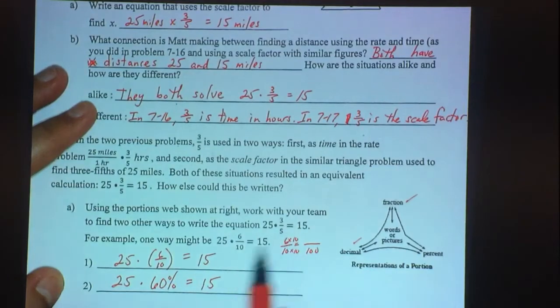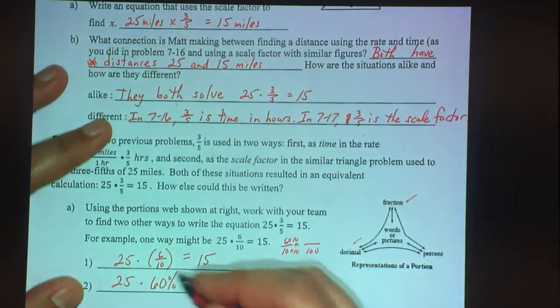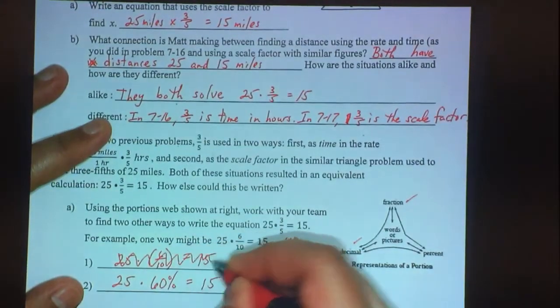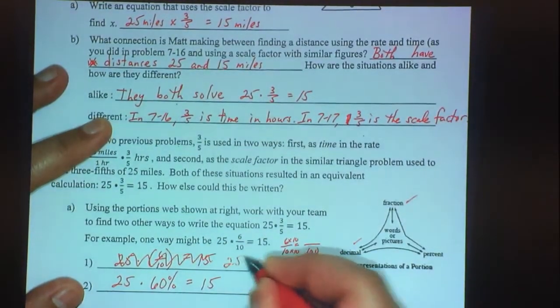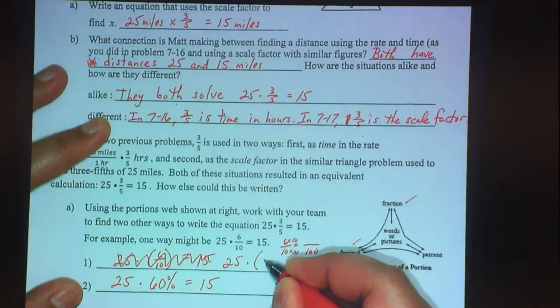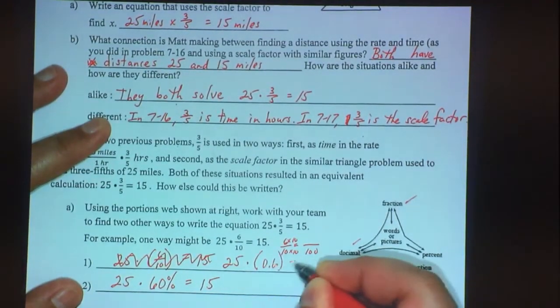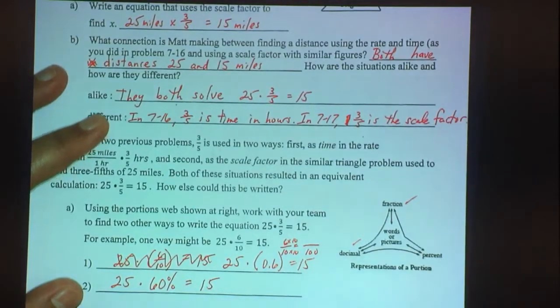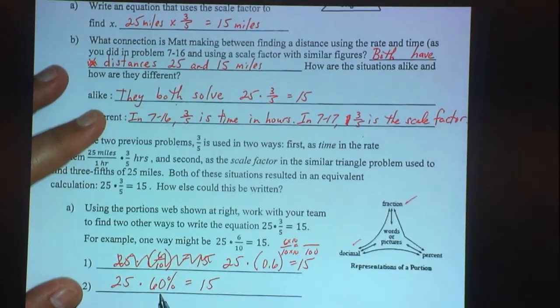Here it is with a fraction. Oops, I messed this up. Let's rewrite this one. This one was supposed to be a decimal: 25 times 6/10 equals 15. There it is as a fraction, there it is as a decimal, and there it is as a percent. Sorry about that, you guys.